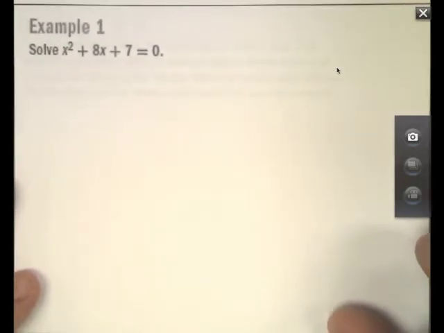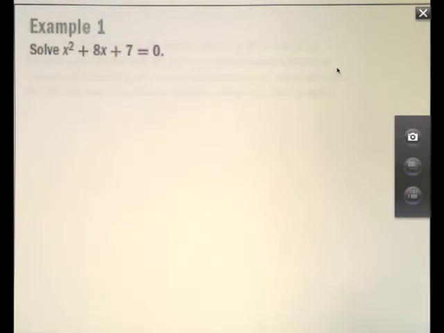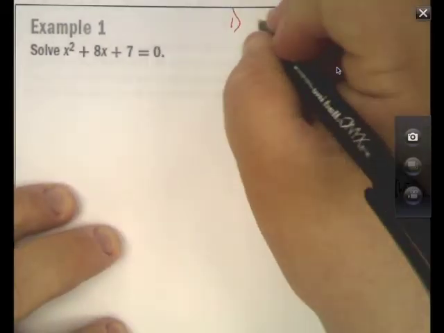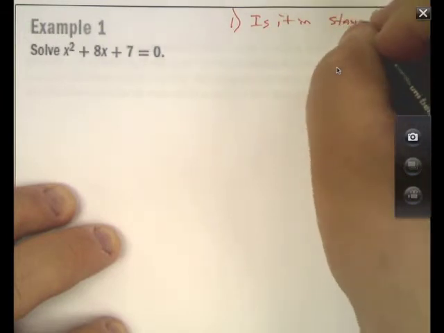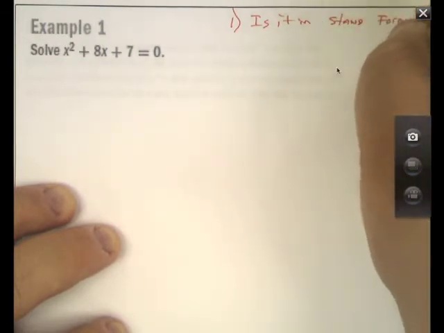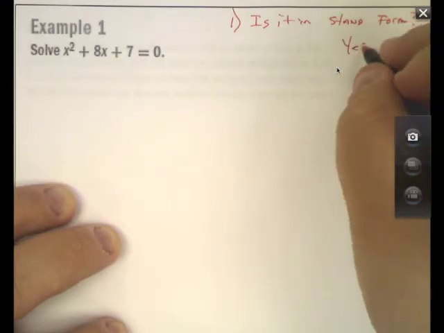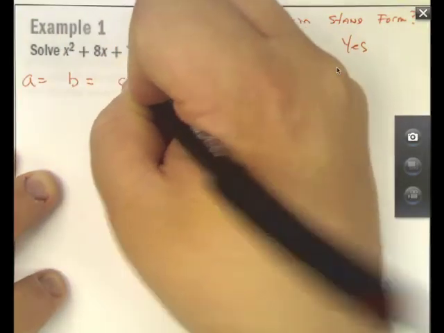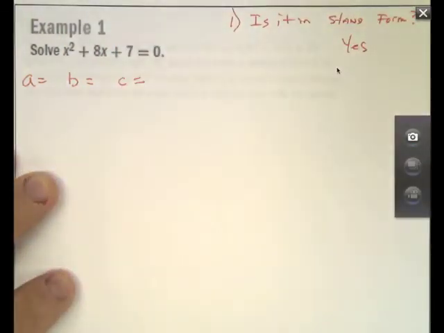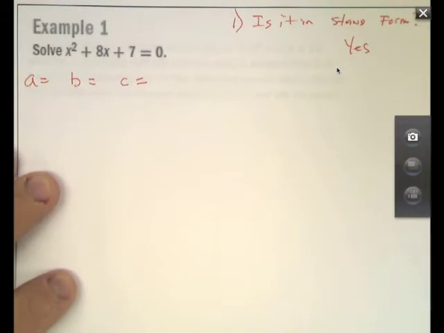So let's look at example 1. Solve x squared plus 8x plus 7 equals 0. First thing you've got to ask yourself, is it in standard form? Yes. Since it's in standard form, I can go ahead and find my a, my b, and my c. My a is the number in front of the x squared.